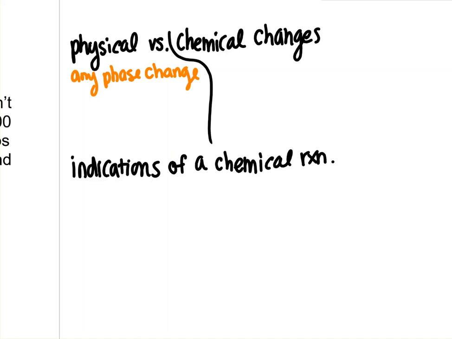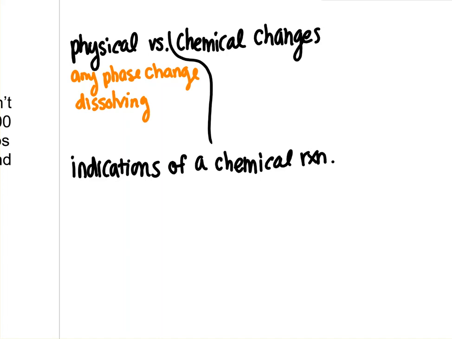And so it could be melting, freezing, vaporizing, sublimating, any phase change like that. Also, you may not realize that dissolving is a physical change. You maintain the type of substance. Anyway, so those are examples of physical changes.